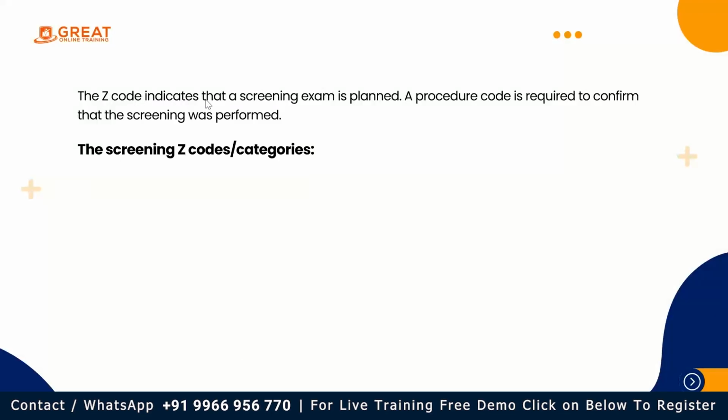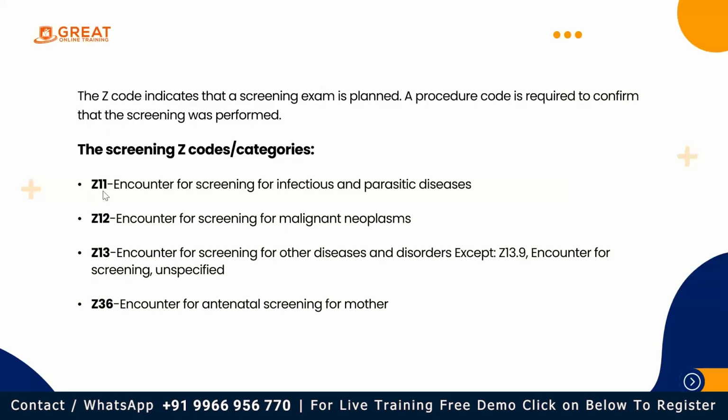The Z code indicates that a screening examination is planned. A procedure code is required to confirm that screening was performed. The screening Z code categories are: Z11 is for encounter for screening for infectious and parasitic diseases.